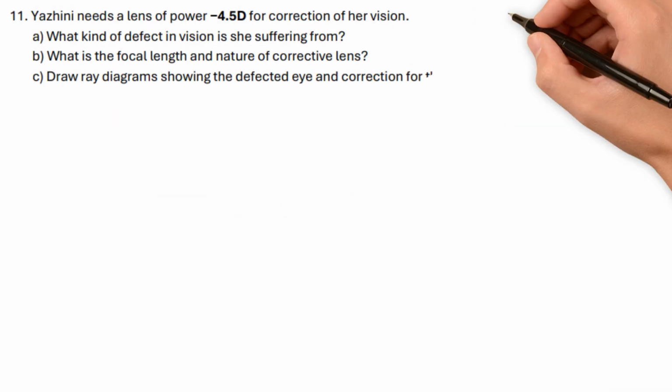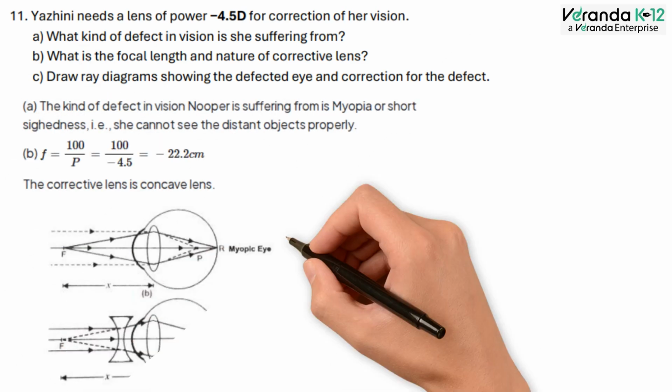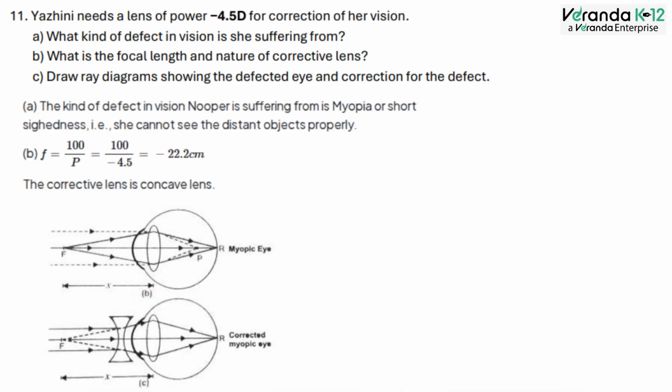B. What is the focal length and nature of this corrective lens? The focal length can be found with the formula 100 by P, since the values are given in centimeter. So that is 100 divided by minus 4.5, which is equal to minus 22.2 centimeter. Or else students can also use the formula f equals 1 by P, and express it in terms of meter.